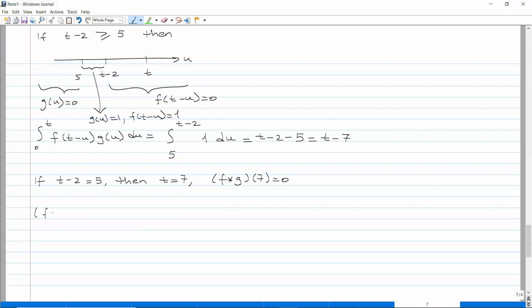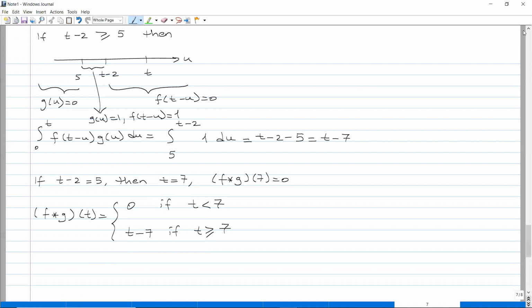So the convolution function in this case is 0 if t is less than 7, and t minus 7 if t is greater than or equal to 7.